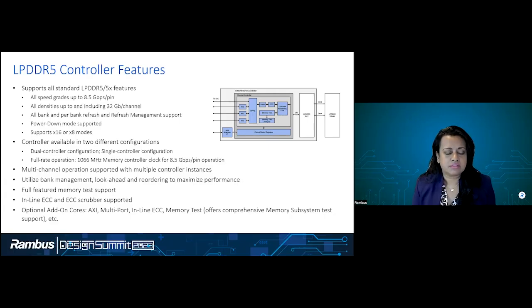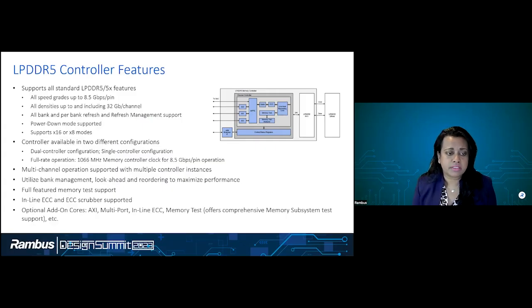Now, the controller itself is going to be operating at full rate operation. So if you're hitting the maximum rate of 8.5 gigabits per second pin rate operation, that means your memory controller is running at 1.0 gigahertz.